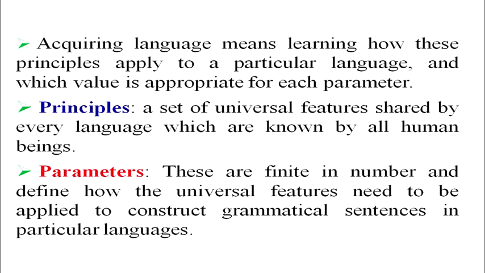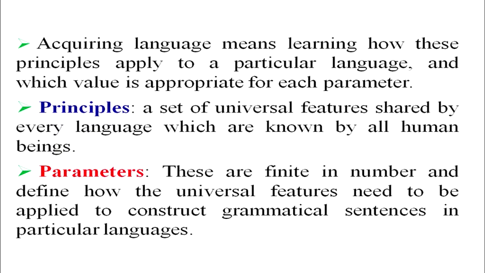So, principles are a set of universal features shared by every language which are known by all human beings, and parameters are finite in number and they define how the universal features need to be applied to construct grammatical sentences in particular languages. So, principles make us one, that all human beings have certain principles of learning, acquiring language, but the parameters differ from language to language. So, parameters make languages different.